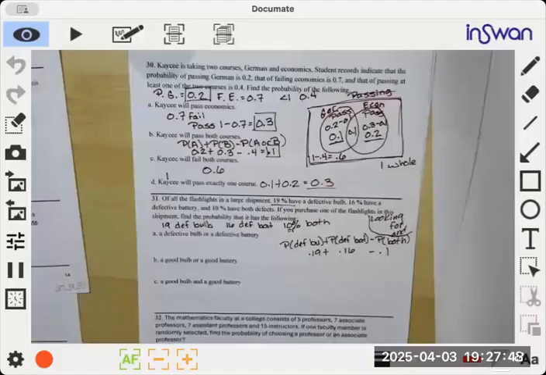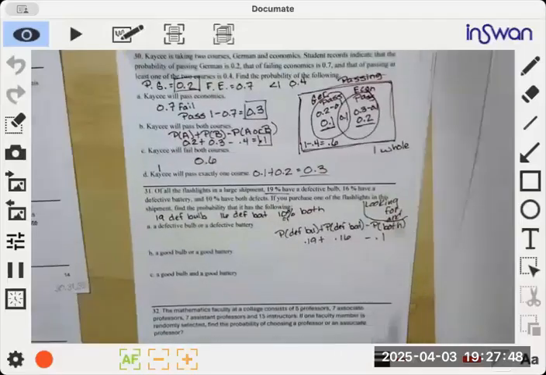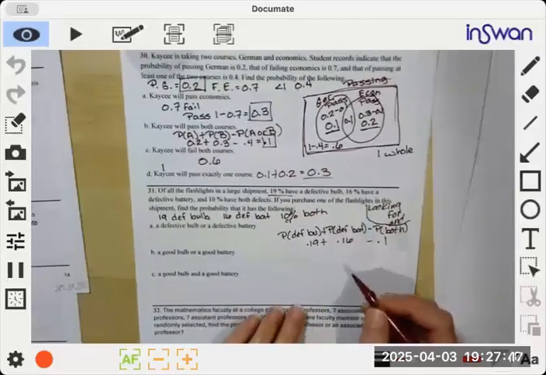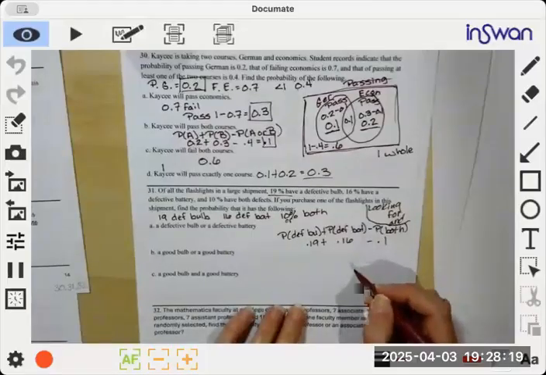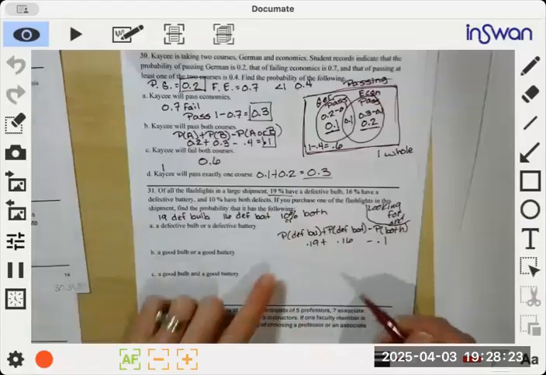That's on that paper. 16. Bulb, 16 effective battery. You know what? I just have to go to the Venn diagram. Well, no, we're not doing the Venn diagram.